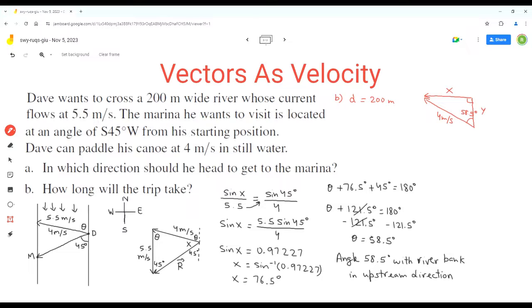So for the x component, we can use the sine ratio. The formula for sine is opposite over hypotenuse. We can cross multiply the 4.